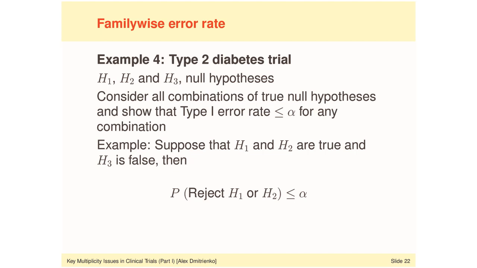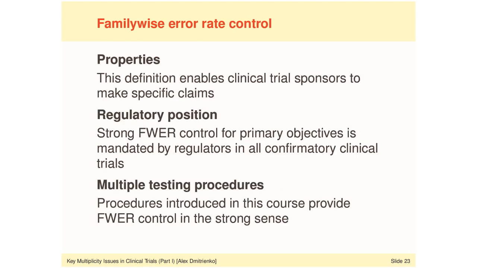Strong control of the family-wise error rate is a very powerful concept. And we can build a procedure that protects the family-wise error rate. We can use it anytime, anywhere, and we can trust the results. Let me now provide a quick summary. Strong control of the family-wise error rate enables clinical trial sponsors to make specific claims.